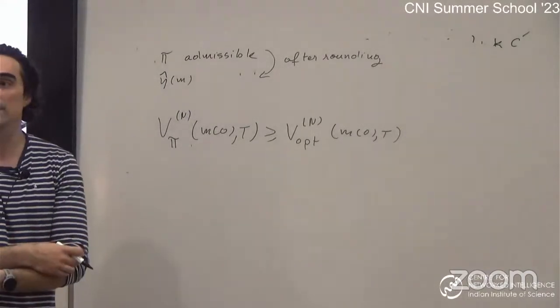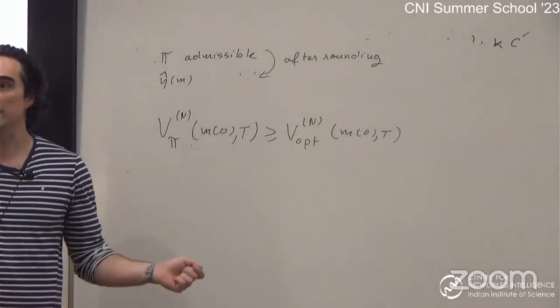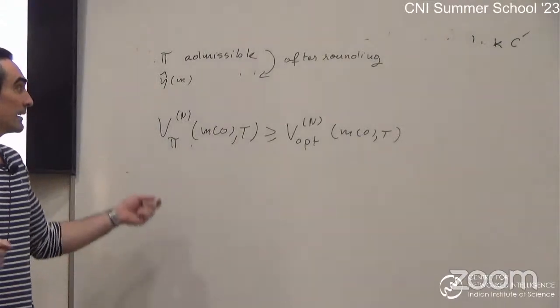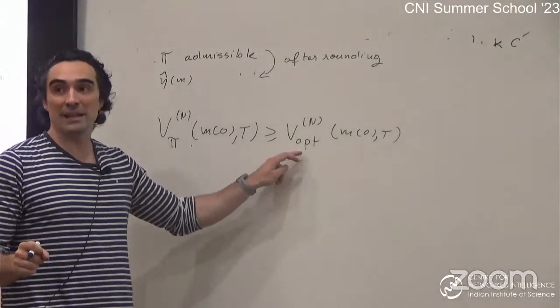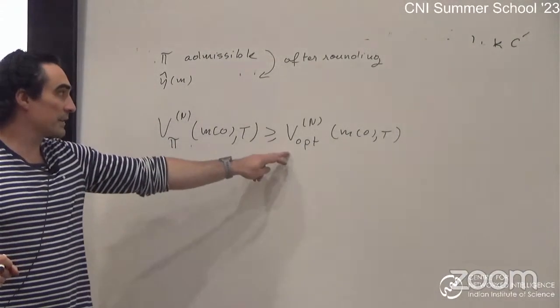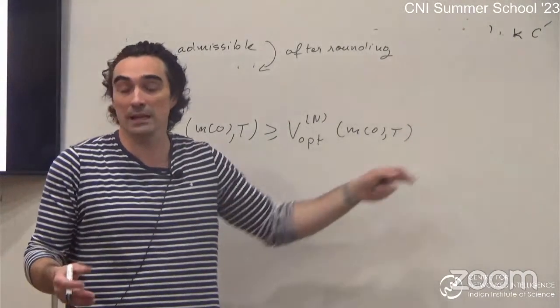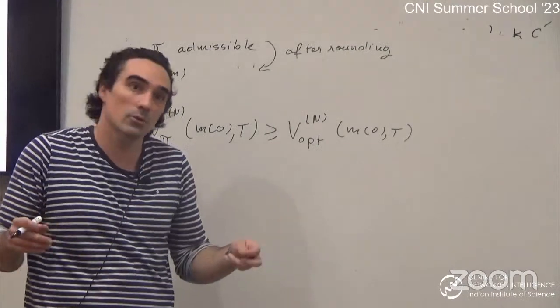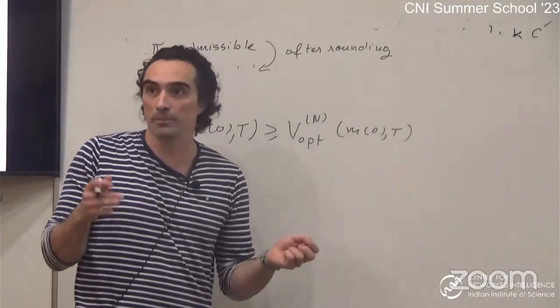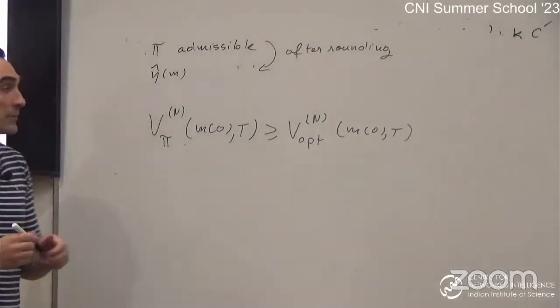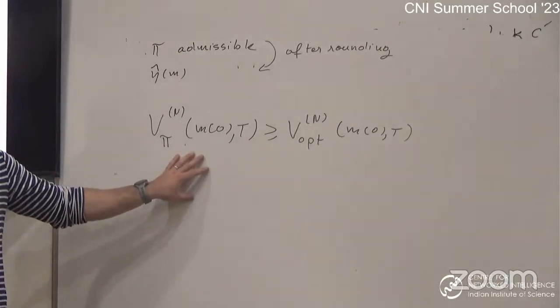It means that pi was belonging to a much bigger set than where you optimize in the opt. Then there would be a chance that you are smaller than this, because you could optimize in a bigger set, so you can go deeper in your minimization. So admissible is ensuring you this inequality.